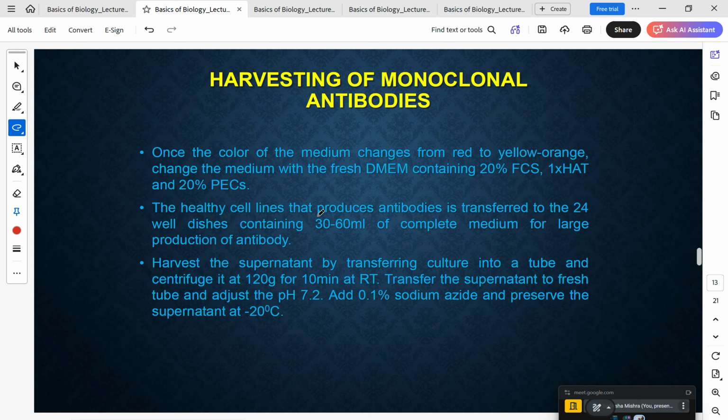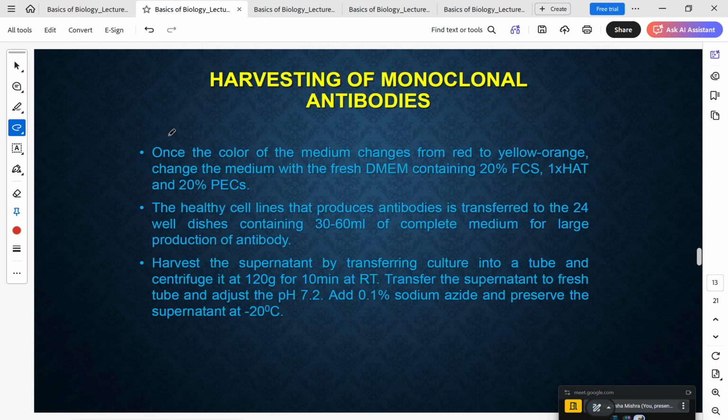To harvest monoclonal antibodies, if you remember from a few weeks before, we were talking about cell culture: the media has phenol red in it, because of which it will react to the pH of the surroundings.